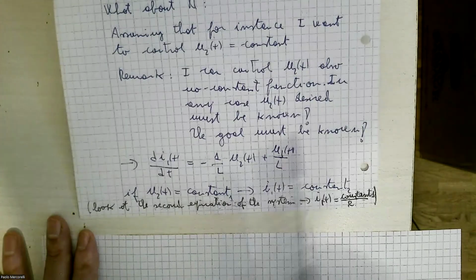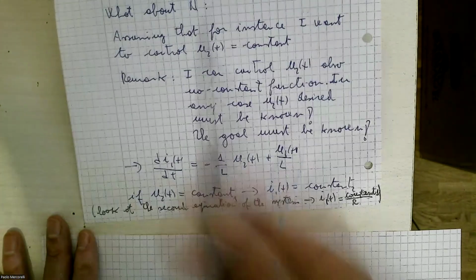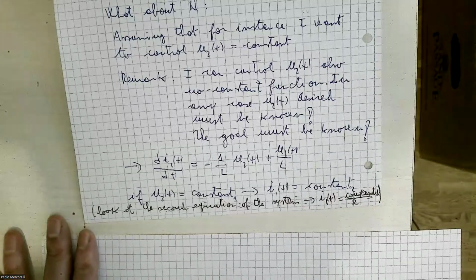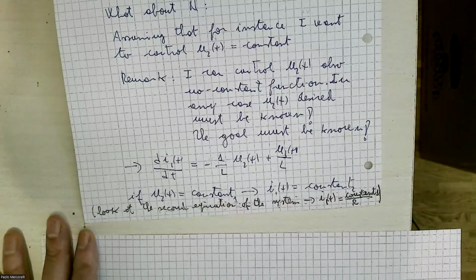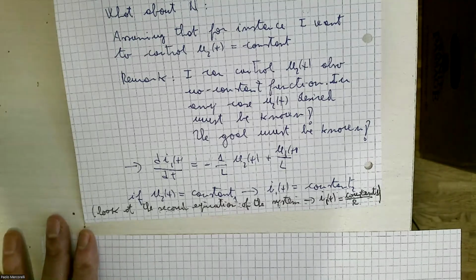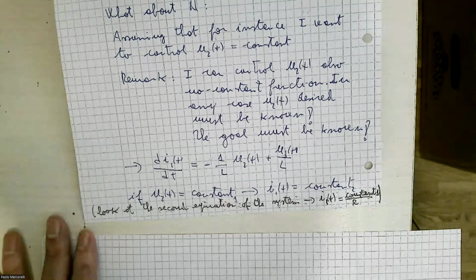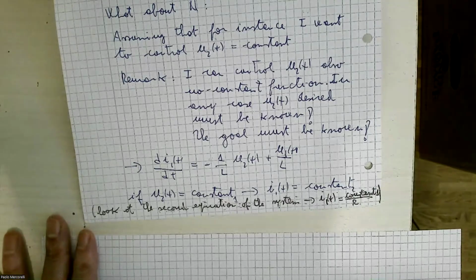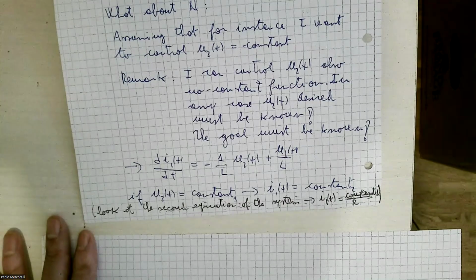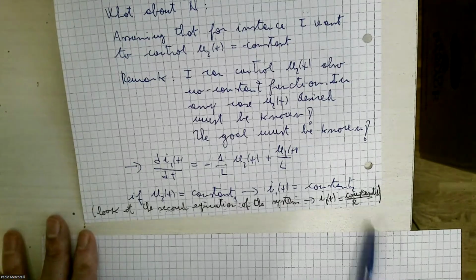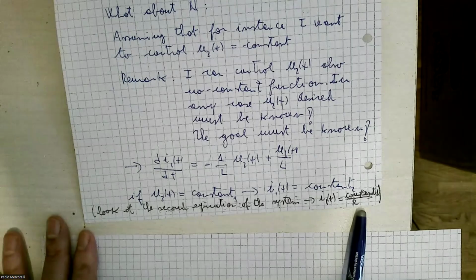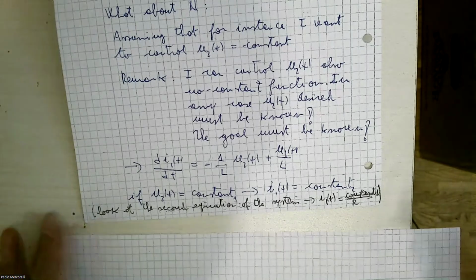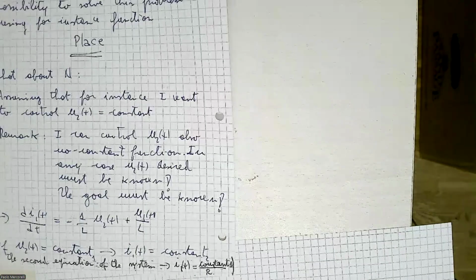I changed the name to constant one. I don't remember why I changed it to constant one. Yeah, because now we have a constant two, which is basically here. Let me see how I can justify.